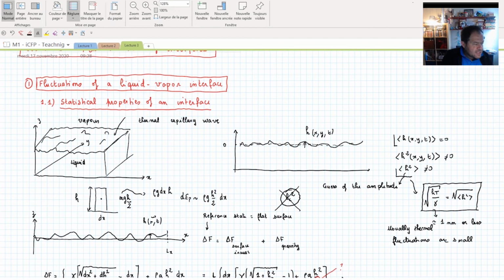And this bending rigidity of the membrane interface is really important in biophysics and in a lot of applications. And we will see next time that the thermal fluctuation of an interface can be a way to measure the bending rigidity of the interface, exactly in the same way that we have done today to measure the surface tension. Okay, so it will be the beginning of the next lecture.